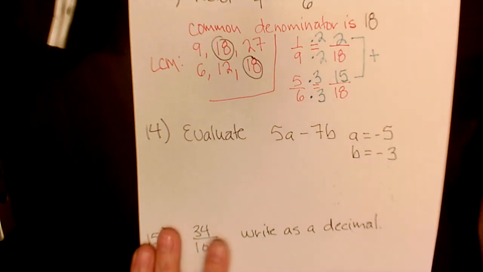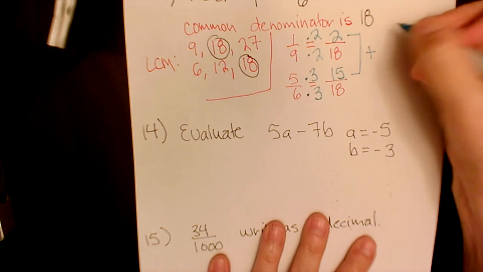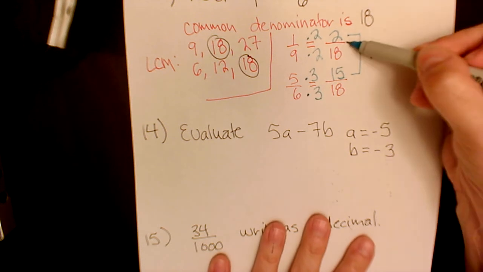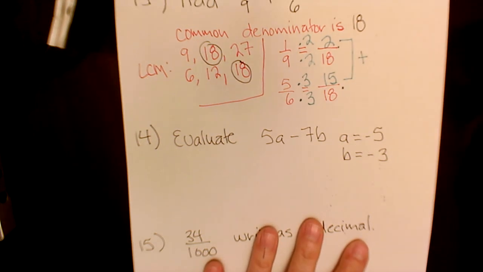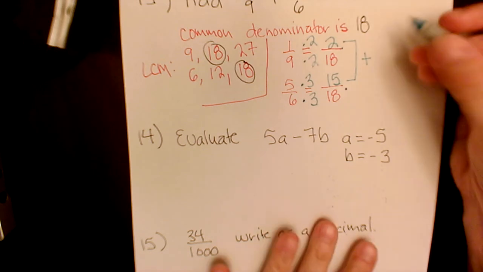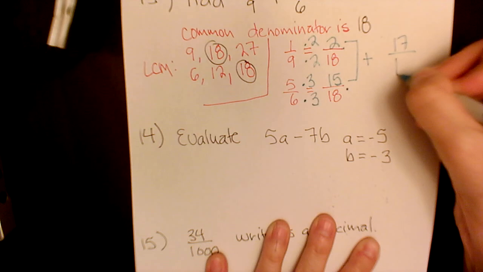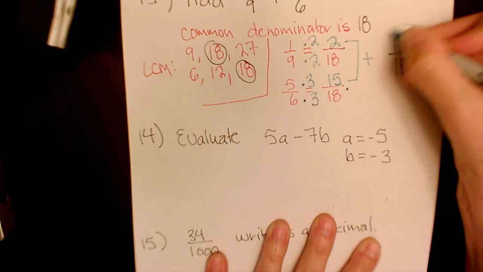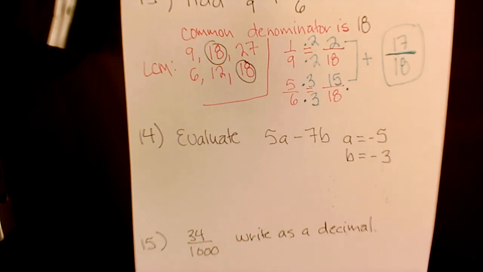I'm going to add these two together. So 2 18ths and 15 over 18, they have the same common denominator now. So 2 and 15, I just add the tops, and I get 17 over 18. And that is my final answer.